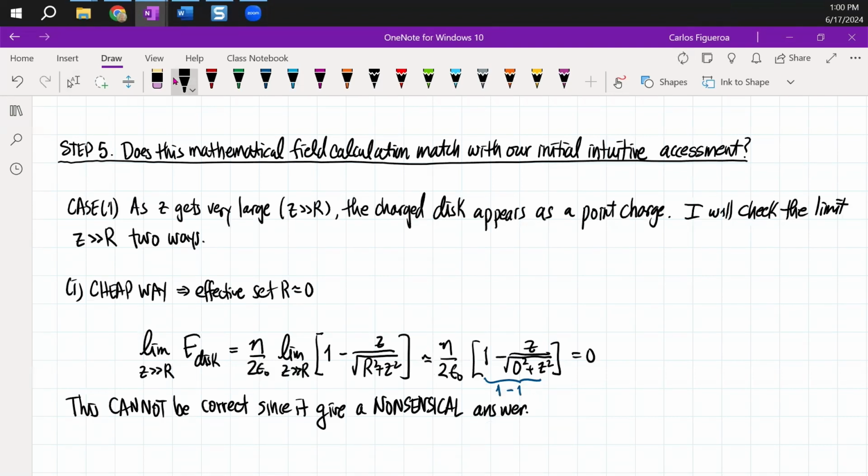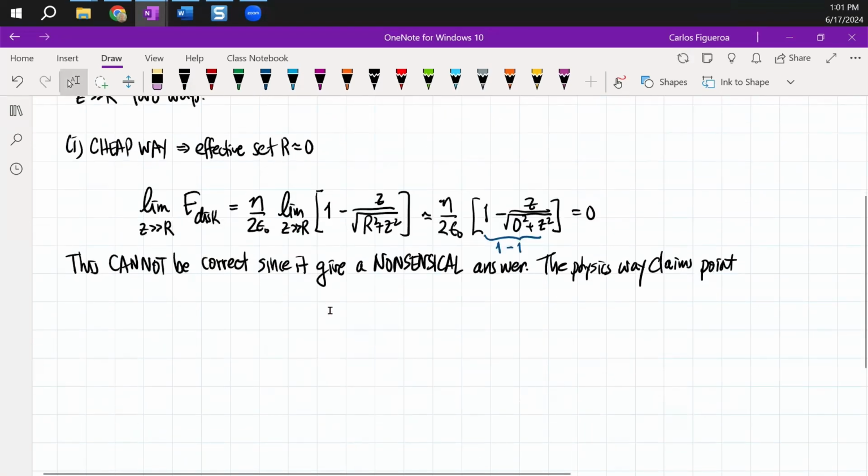We already saw that the physics way claims point-like. So if it claims point, the field of the disk here should have been that it went to a point, which then says it should be E point, and it should be q divided by 4 pi epsilon naught r squared.